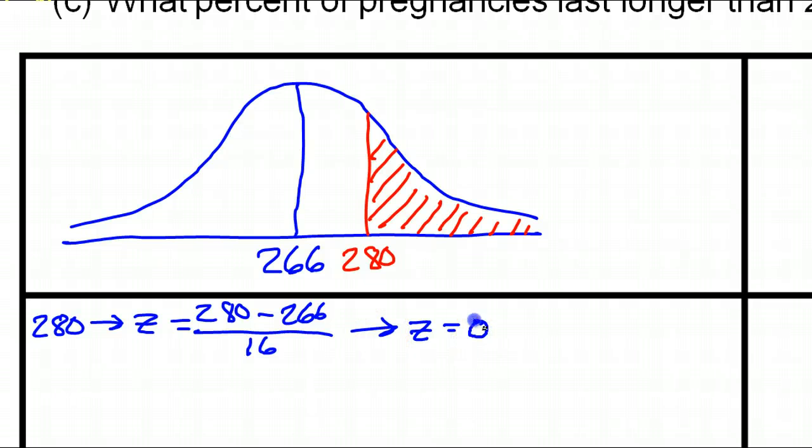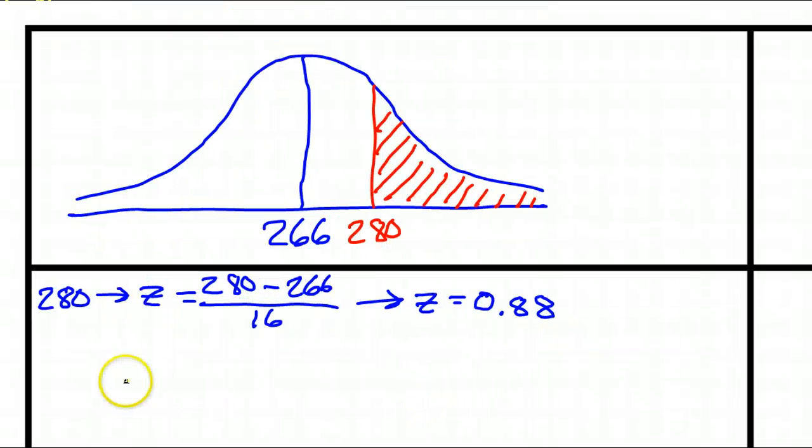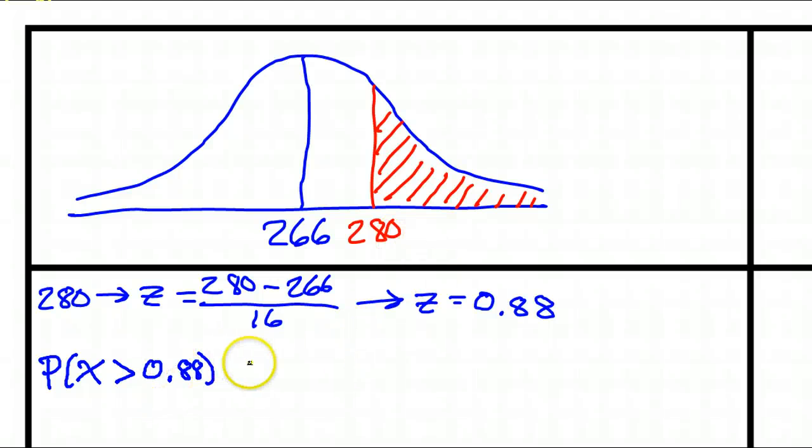All right, I'm getting 0.875, which I'm going to round to 0.88. All right, 5 or higher, you round up. All right, time for the symbols. Not optional. We need the probability that x is greater than 0.88, because we want the values that are higher than 280 days.